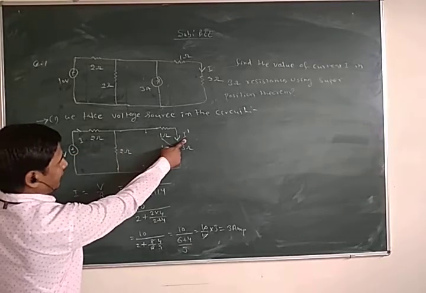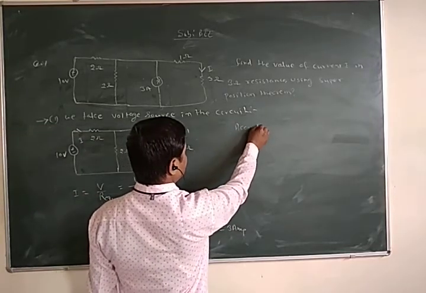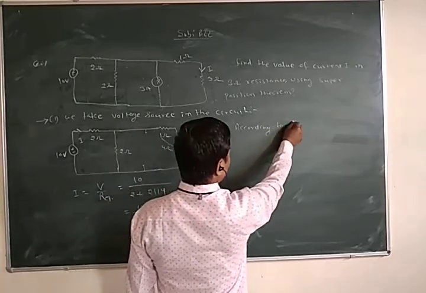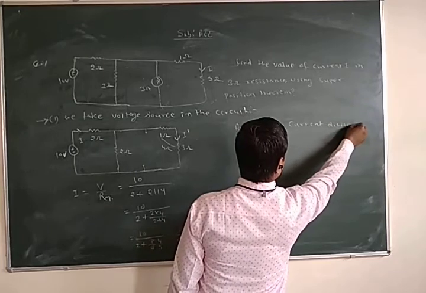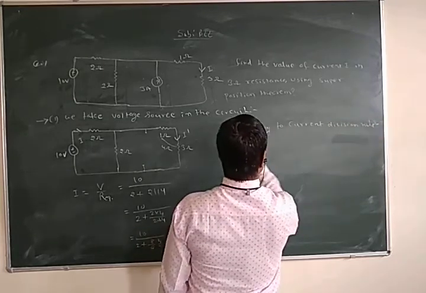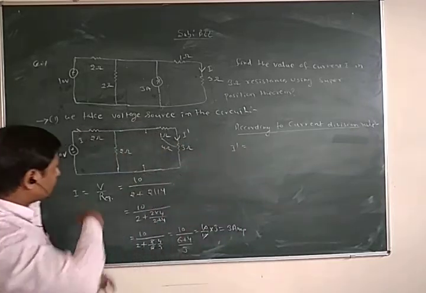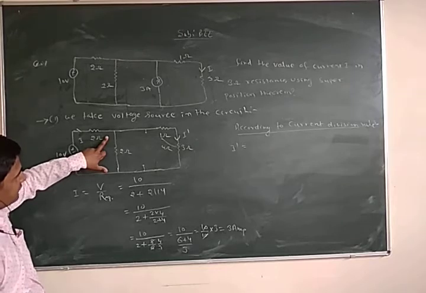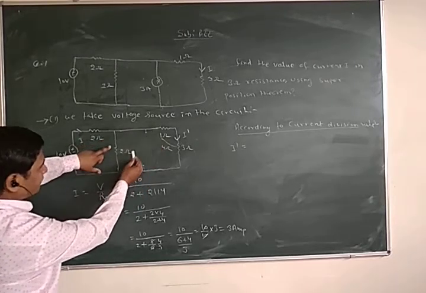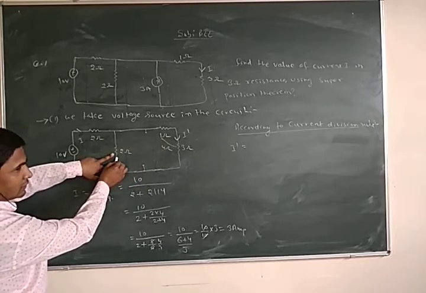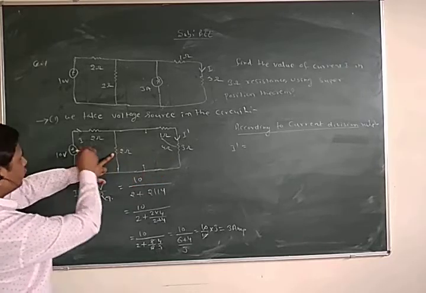Now the current is 3 ampere, and we have to find I dash. So according to current division rule, I dash is equal to, what is current division rule? Current division rule states that if we have to calculate the value of current in a branch, then put the resistance of the other branch which is in parallel to that branch, divided by total resistance, into total current.